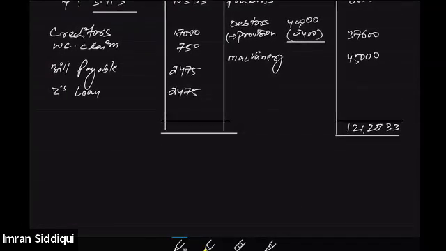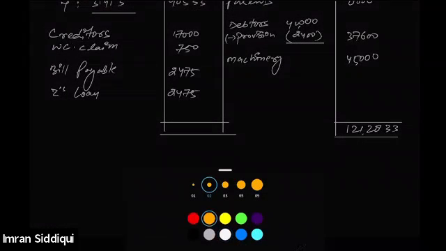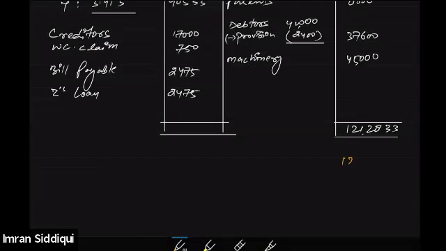But on the liability side, I'm getting 121,233. So that means there is a discrepancy.